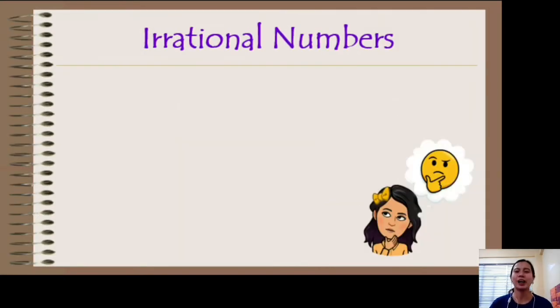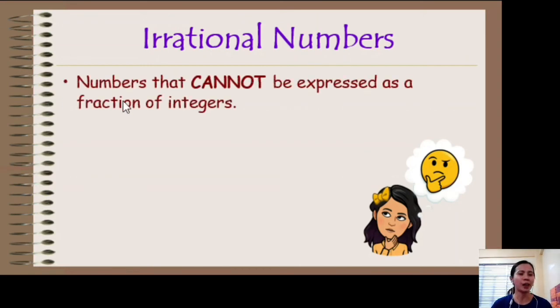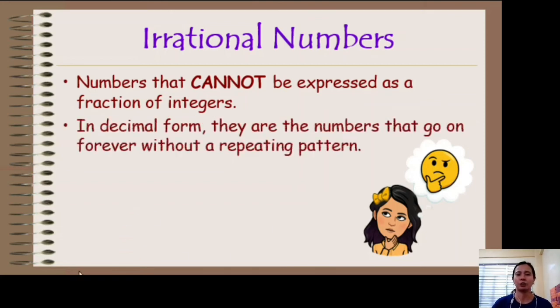Next, we have irrational numbers. When we say irrational numbers, these are numbers that cannot be expressed as fractions of integers. In decimal form, they are numbers that go on forever without a repeating pattern. These are some of the examples. So square root of 2 is equal to 1.4142, and no one can tell the next numbers that come after, so it is irrational.